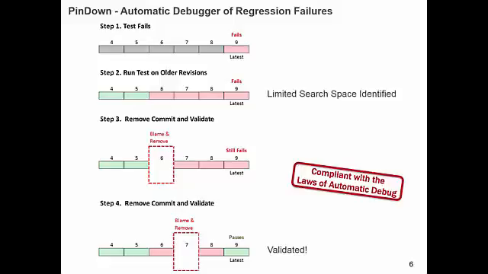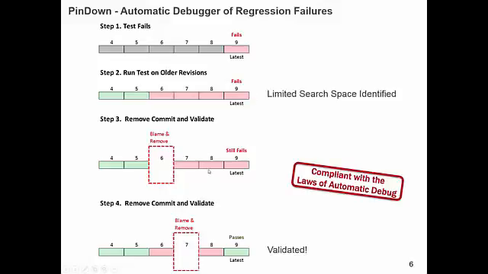If this test had failed all the way back, no matter how far back you go in history, Pinpoint would not have a limited search space, and it would come back and basically say this test has always failed. It could be, for example, that a run of a test with a new scenario may discover a new case you have never tested before, rather than a recent mistake. Okay, but in this case, we have a limited search space.